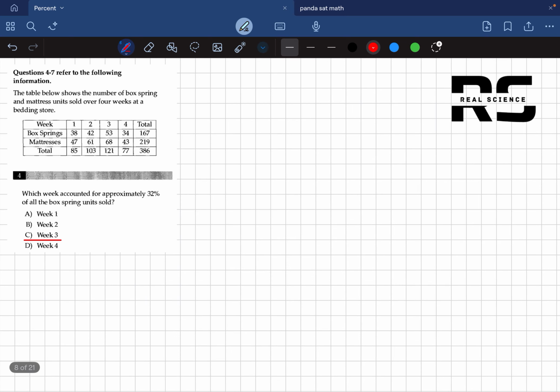Let's look at number 4 to 7. The table below shows the number of box spring and mattress units sold over 4 weeks at a bedding store. Which week accounted for approximately 32% of all the box spring units sold? Well, we just need to do it like this. The first week we've sold 38 box springs. Second week we've sold 42.